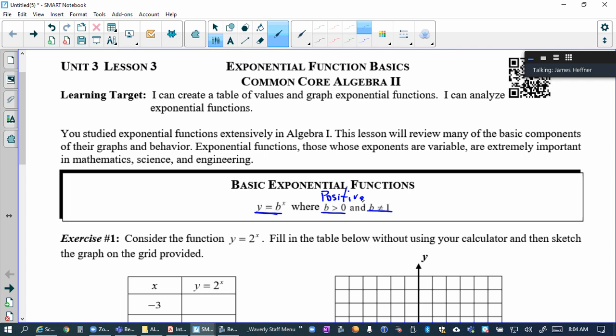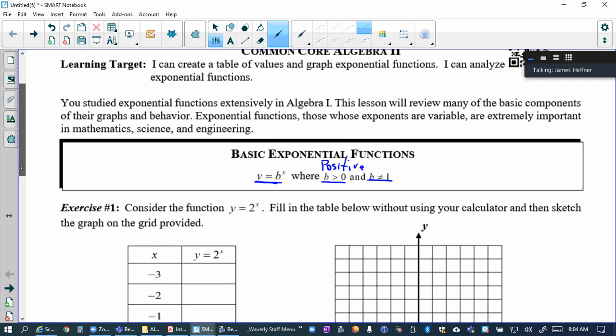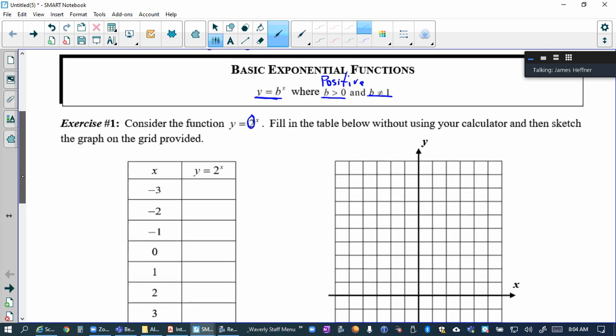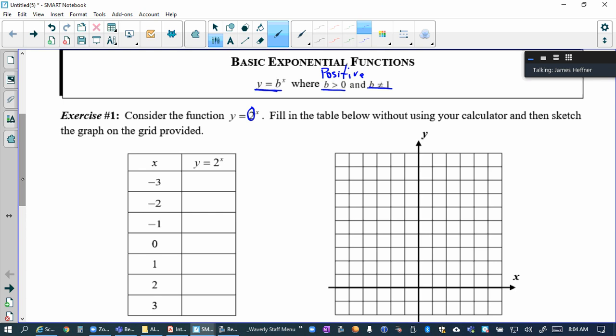All right, so let's look at this function down here. y equals 2 to the x. So 2, right, that's the base of this function, and then x is up in the exponent. So we're going to make a rough sketch of this by doing a table of values. You've done this with other functions, linear and quadratic and maybe parabolas, okay? So how fast do you think this function will grow? 2 to the x power.